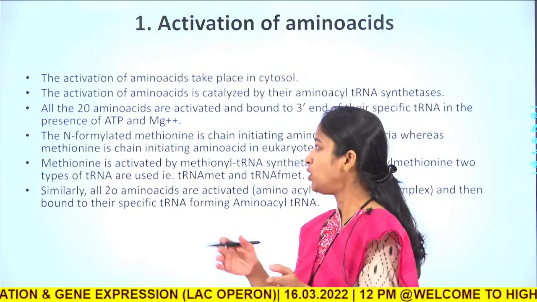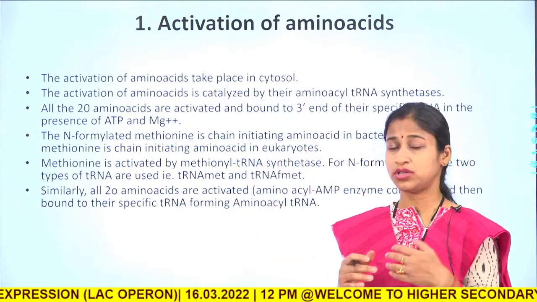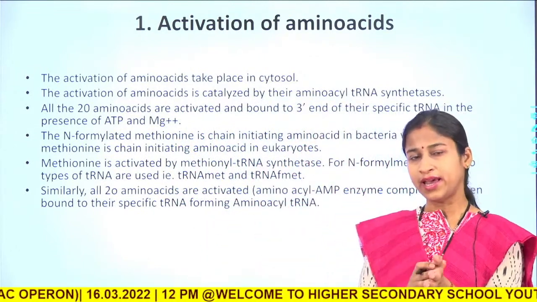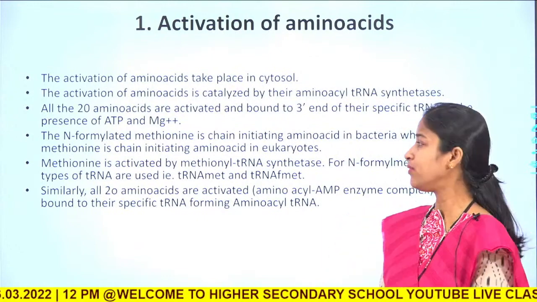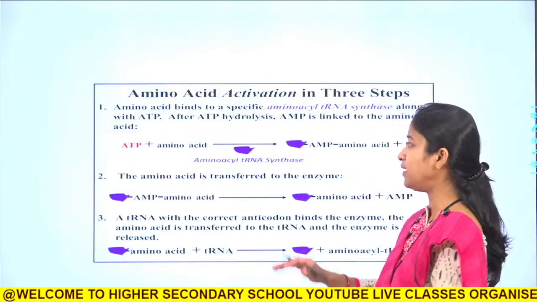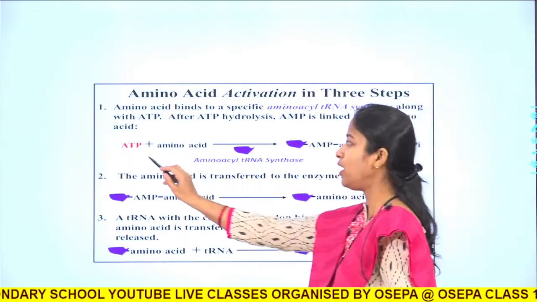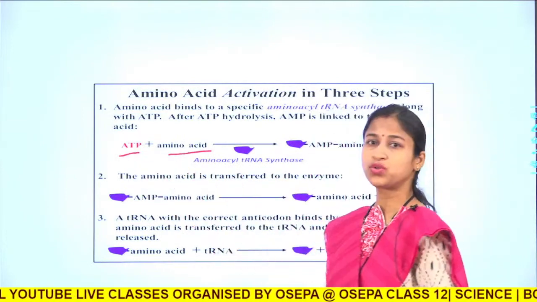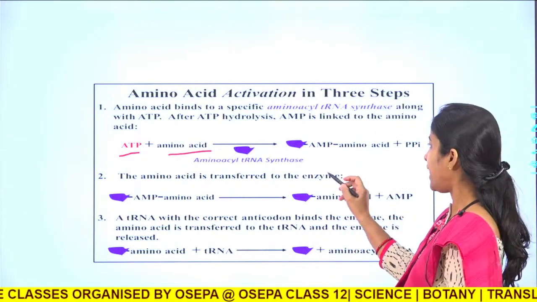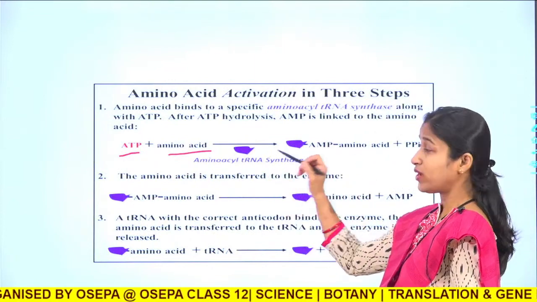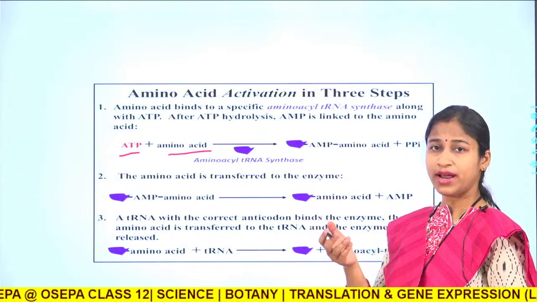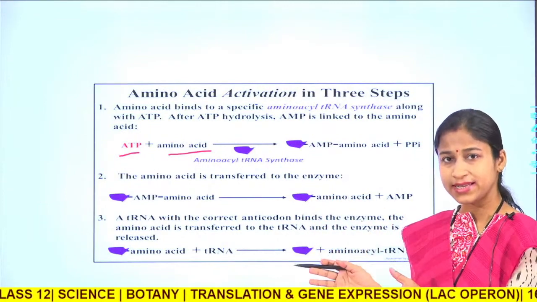Okay. So, the charging of tRNA is otherwise known as activation of amino acid. How is it being done? It is done in 3 steps. First of all, ATP binds to the amino acid. What is the enzyme that catalyzes this reaction?